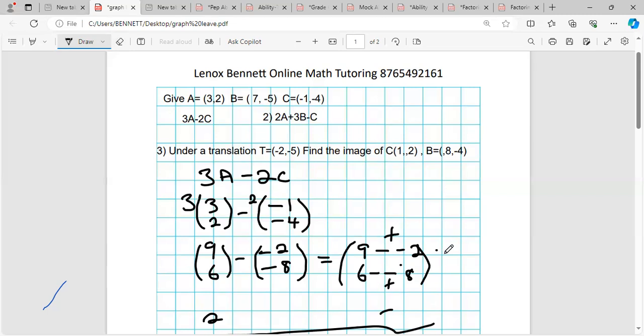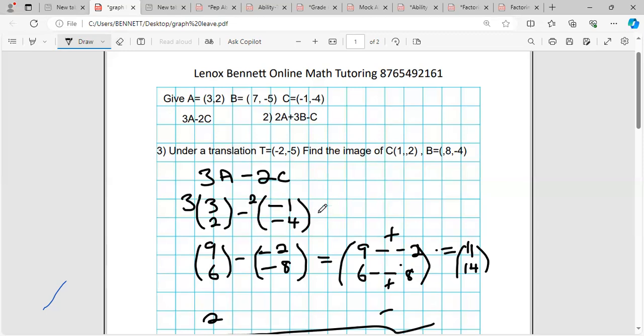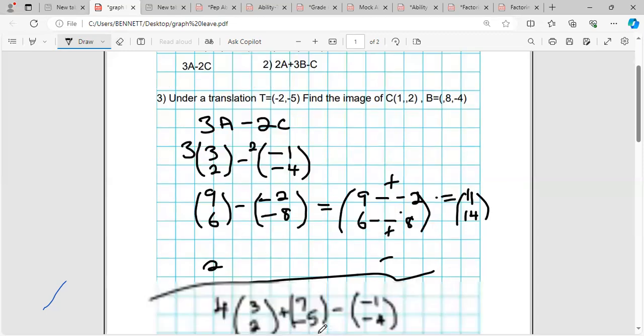So that would be 11. 6 and 8 are 14. I think some persons had -11 here. Not quite sure how that came about. But the 14 was correct.